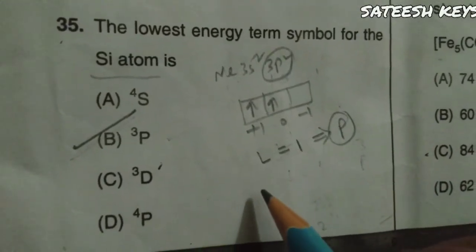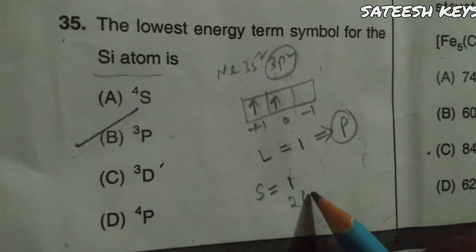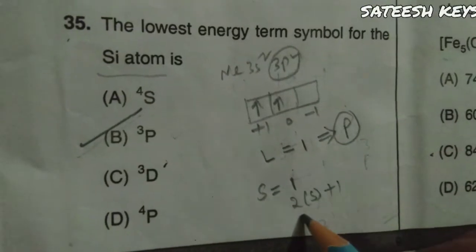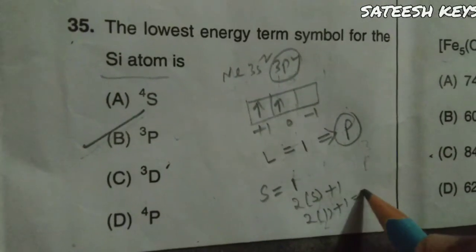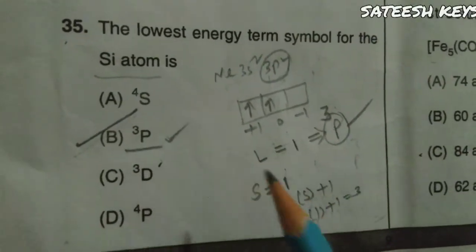Here the S value is half plus half, equal to 1, so the spin multiplicity 2S plus 1 is 2 into 1 plus 1, equal to 3. So the option 3P is the right answer. So option B is the correct answer.